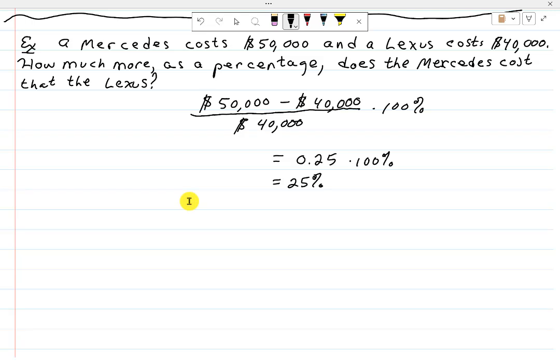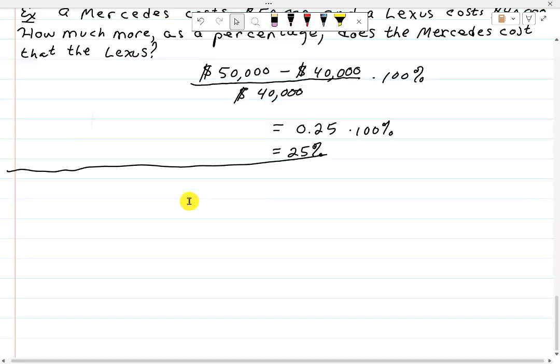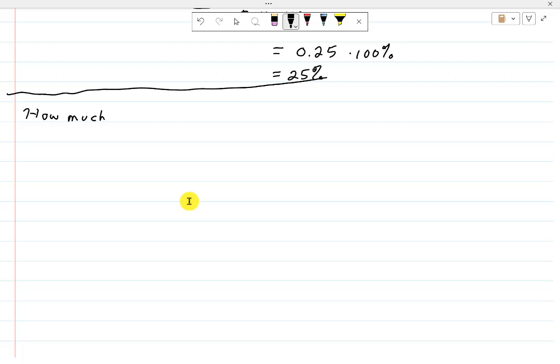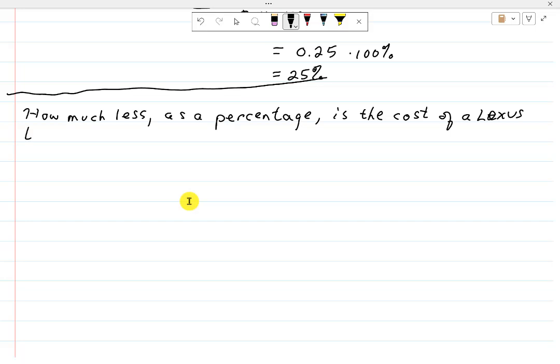So that was when we were using the Lexus as our reference. Now if I switch things, I could say how much less, as a percentage, is the cost of a Lexus to a Mercedes.